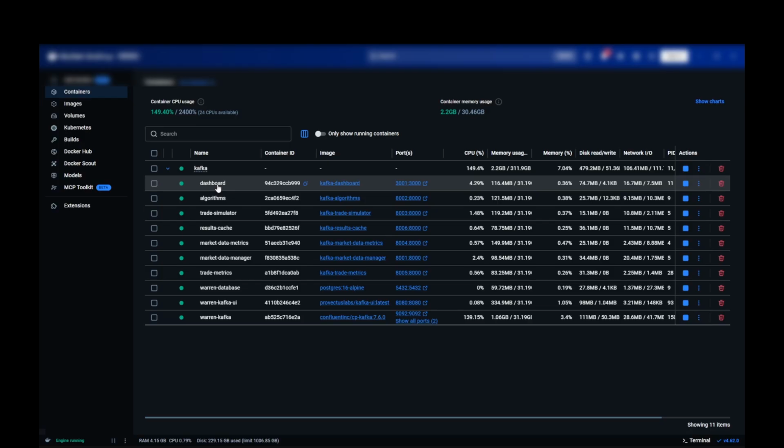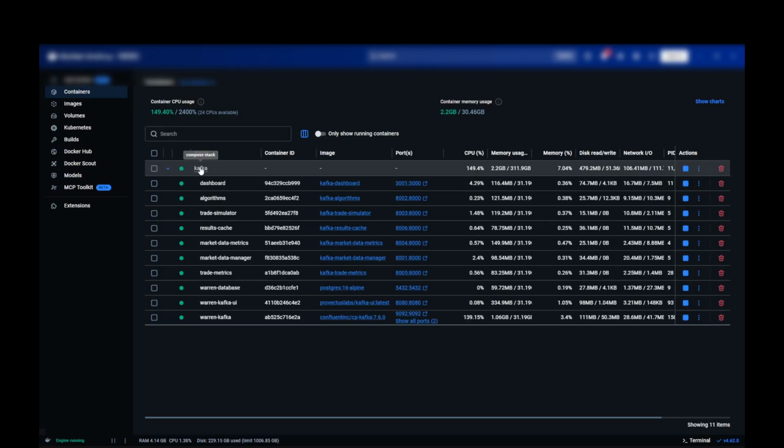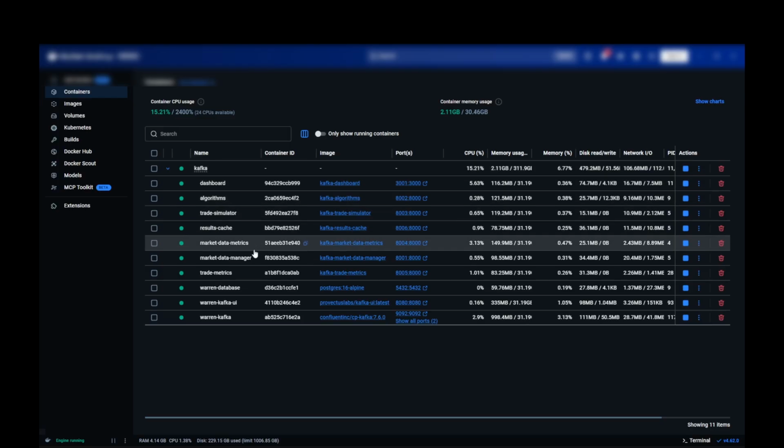So what the dashboard does is it will publish information to Kafka. For example, the market data manager service subscribes to what the dashboard publishes to Kafka.